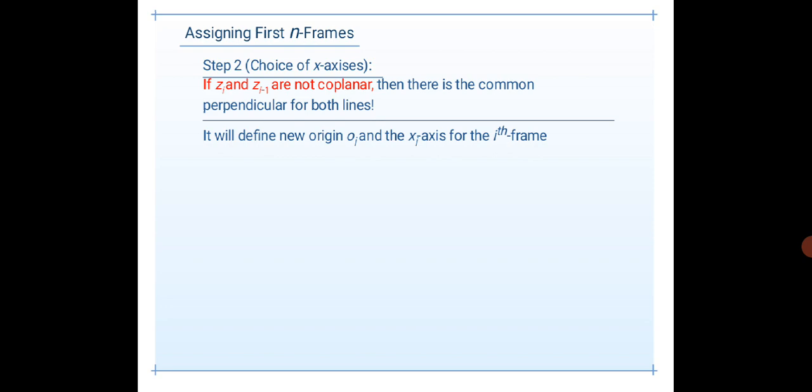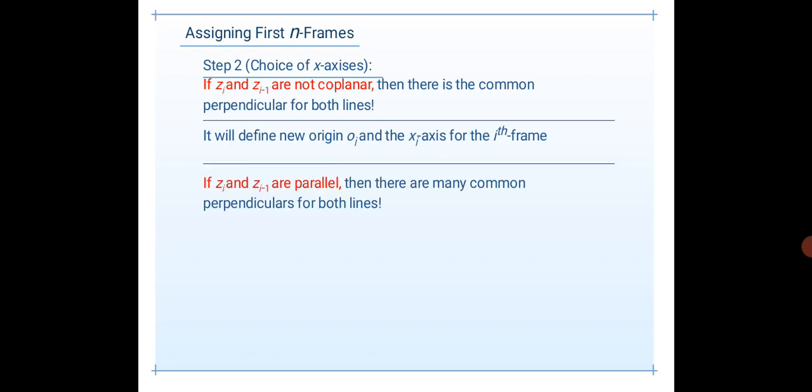Say we denote it with O, which is O_i, and the x-axis for the ith frame. If z_i and z_{i-1} are parallel, then there are many common perpendiculars for both the lines.